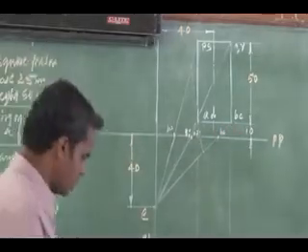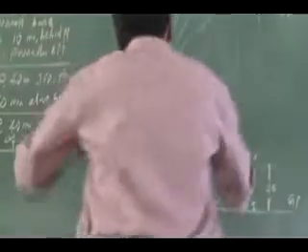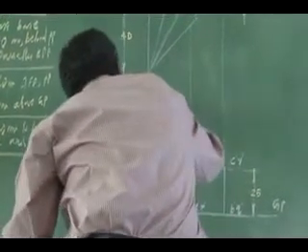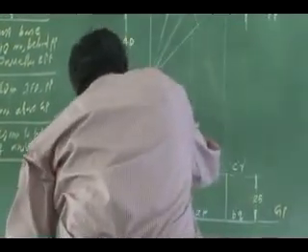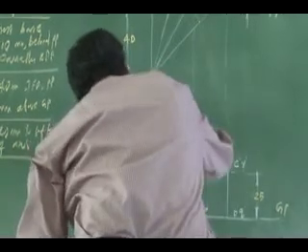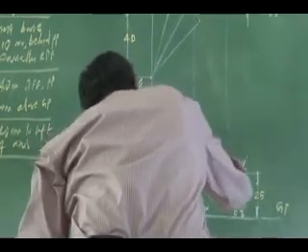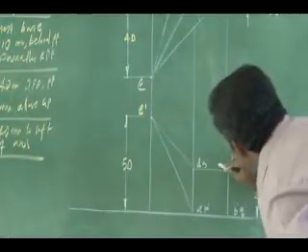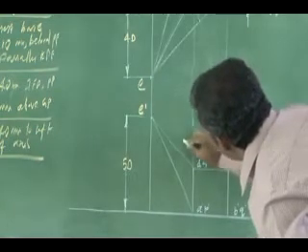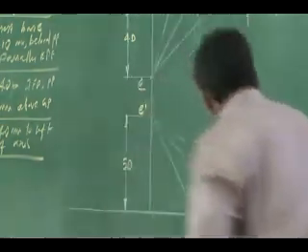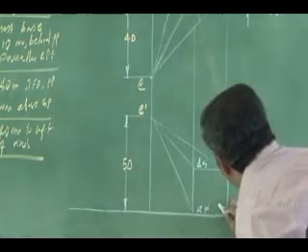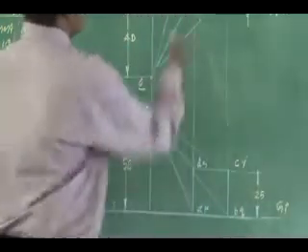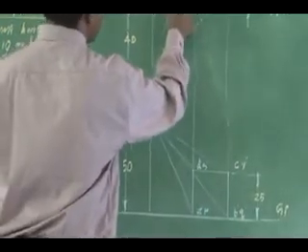Now you draw the visual rays for the front view. Get the perspective locations.